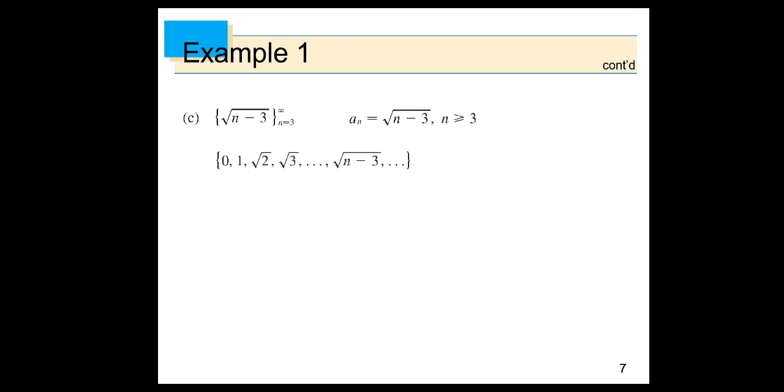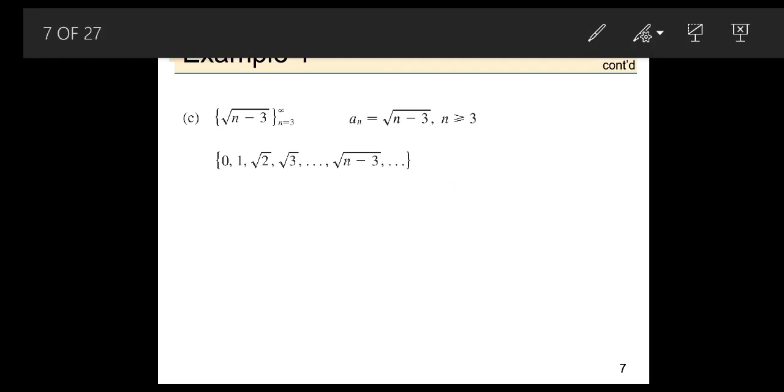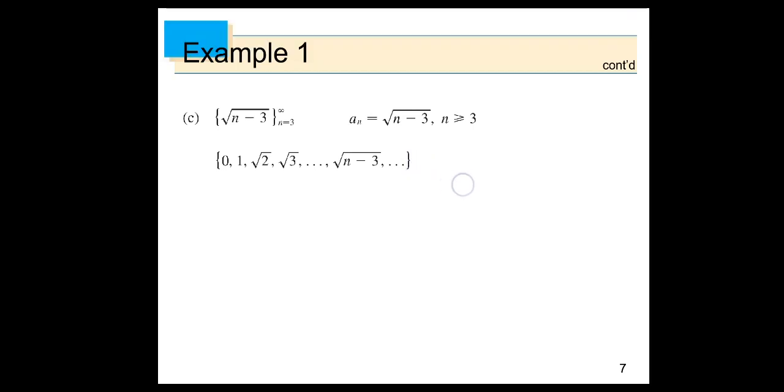In the defining formula it says the square root of n minus 3, where n is greater than or equal to 3. It would not be less than 3. It would not be 2, 1, 0 or negative numbers.